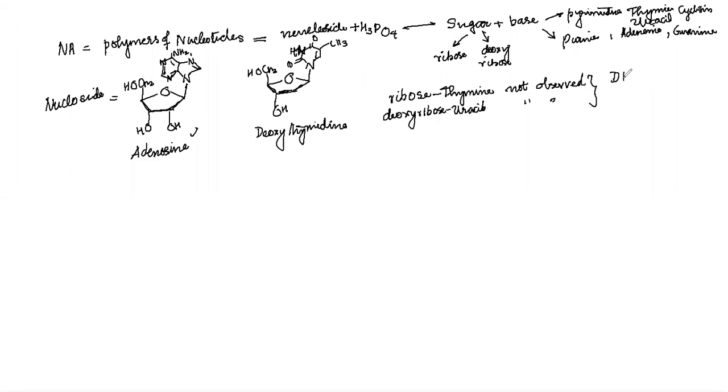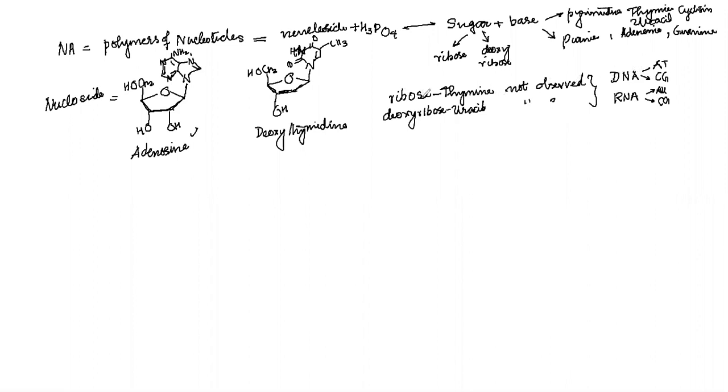DNA contains the four bases A, T, C, G, and RNA contains A, U, C, G. That's all. These two statements are the same. You can observe it. See here, DNA contains deoxyribose, right?